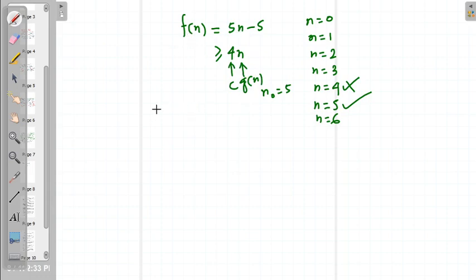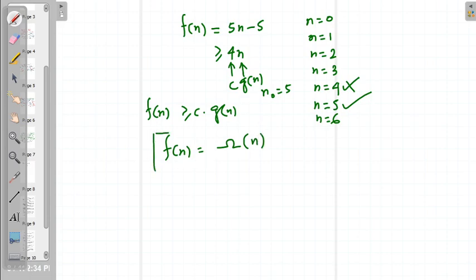So now we can say that f(n) is greater than or equal to some c g(n), and we can say that f(n) equals omega of g(n), where g(n) is n here, so omega n. So this is how we develop this omega n notation.